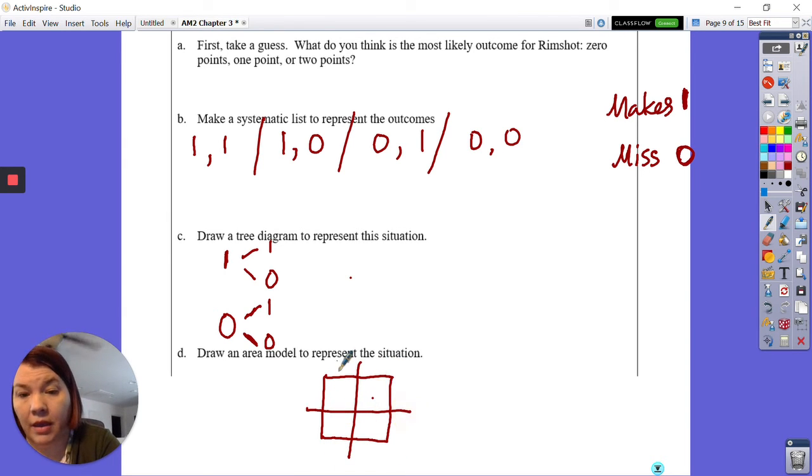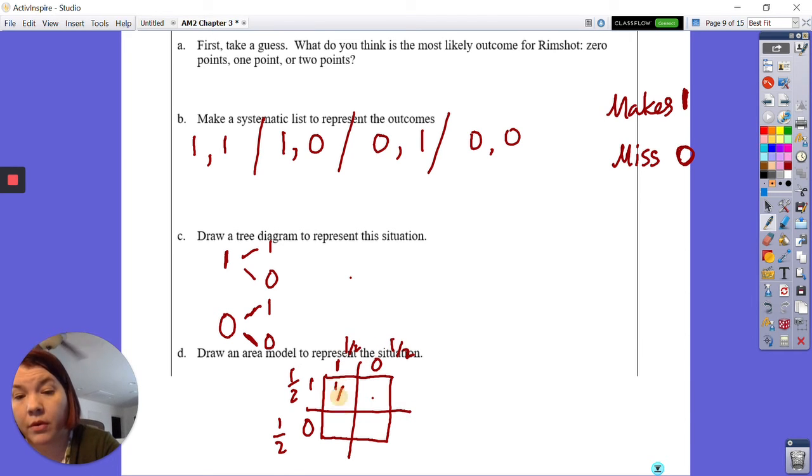So he makes or he misses. And I forgot, we're supposed to be doing probabilities, not just numbers. But anyway, 1, 1, 1, 0, 1, 0, 0, 1, and 0, 0. So let's go back. Each of these is equally likely. So this is 1/2 and 1/2 and 1/2 and 1/2.